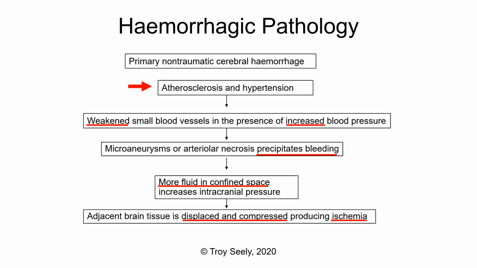So there could be a small change that happens in the vasculature walls over time, resulting in weakening from the presence of atherosclerosis or high blood pressure. And as more fluid builds, eventually that's going to expand further out and go into the adjacent brain tissue, causing a further amount of ischemia, or lack of oxygen supply.